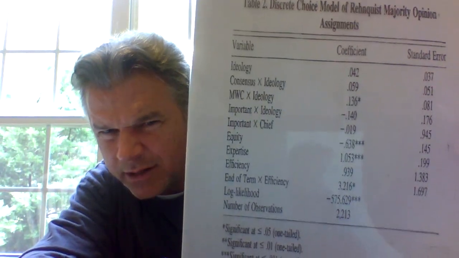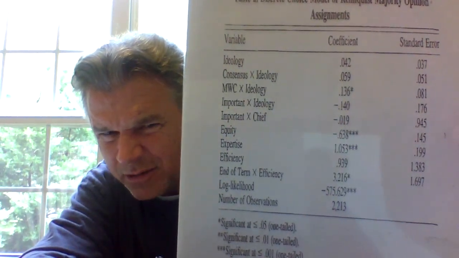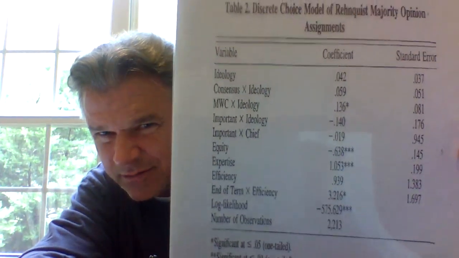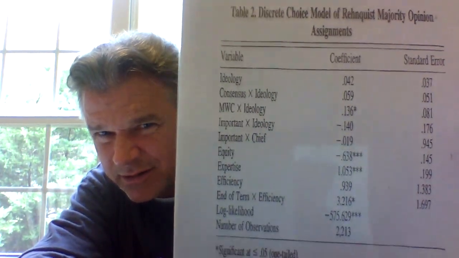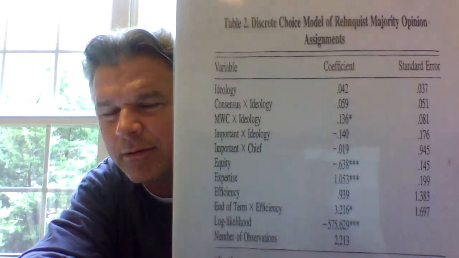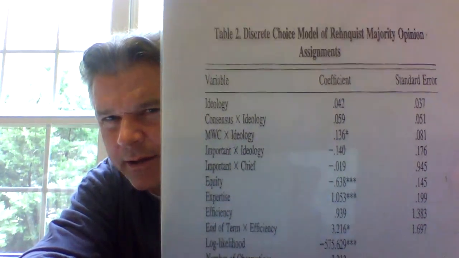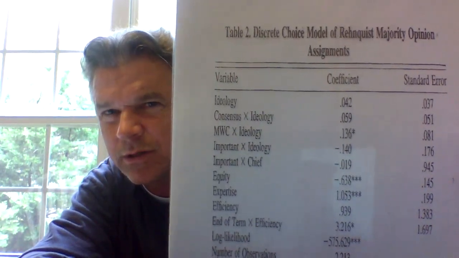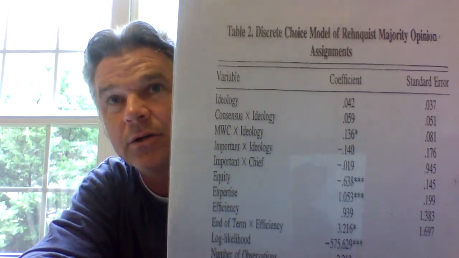Ideology. And look at the bottom. We got stars, whether they're statistically significant or not, so just keep that in mind. Remember, this model is predicting who William Rehnquist will assign the majority opinion to.